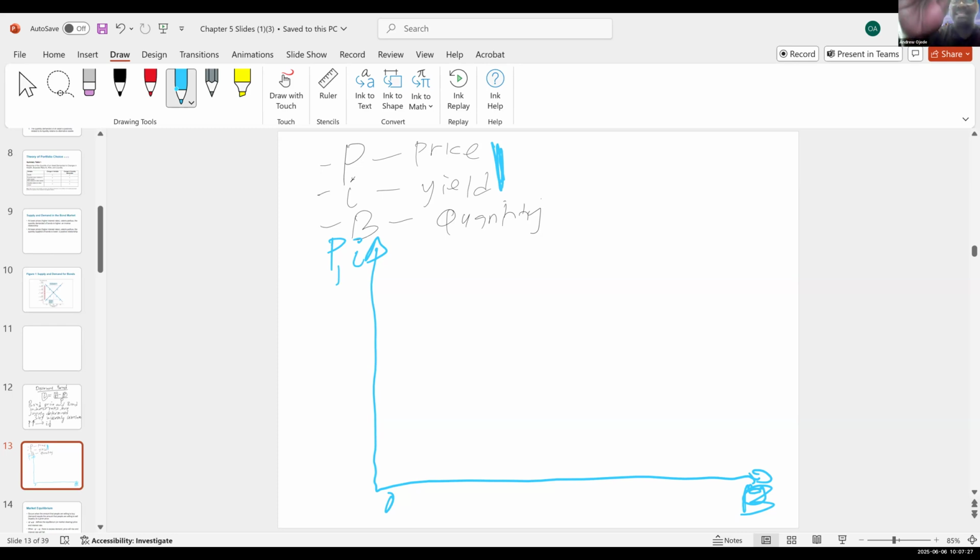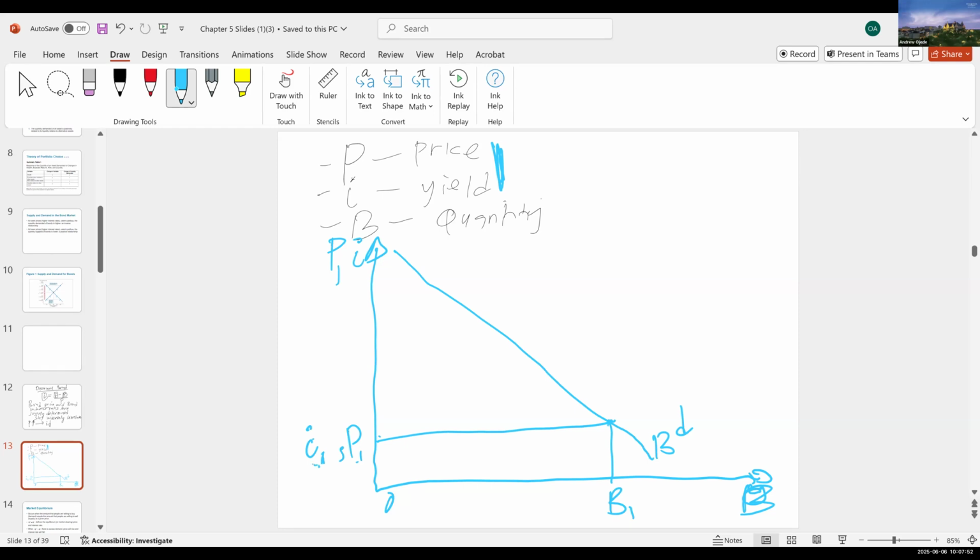So if I draw the bond demand curve, which slopes downwards, the key idea is that if the price is this low, P1, that corresponds to this quantity demanded, B1. There's also a corresponding interest rate to this price P1, which we can call I1.